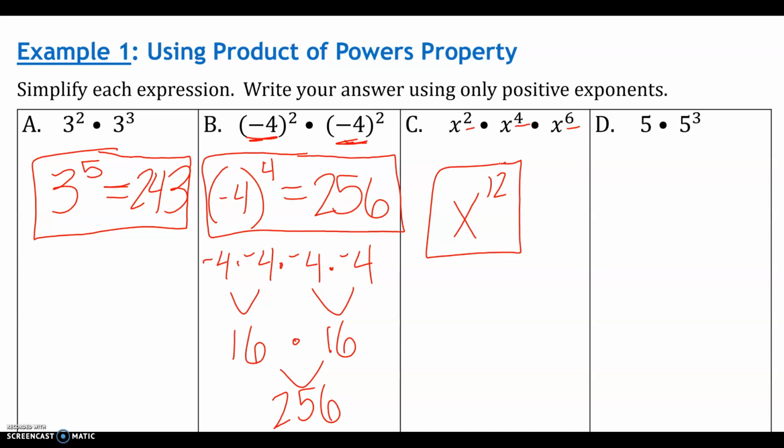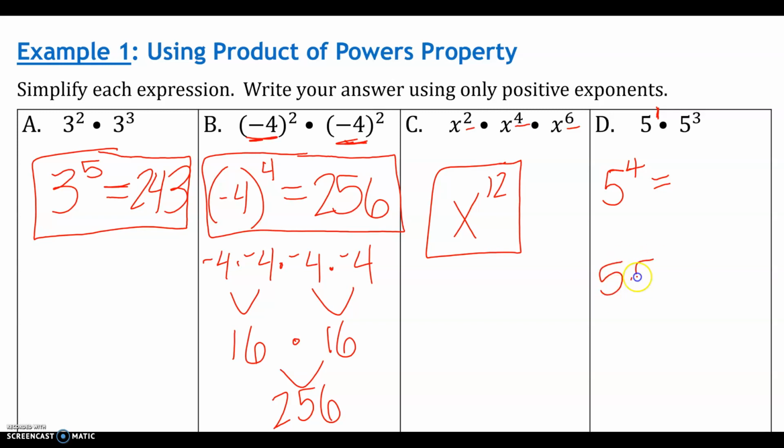Now, if you look at letter D, that first 5 does not have a showing exponent. However, you boys should know there is a 1 right here. So the 5s are the same. That's your base. So 5 to the 4th because we added. Now I need you to actually on your calculator or on the side of your paper do 5 to the 4th power, which is not 20.